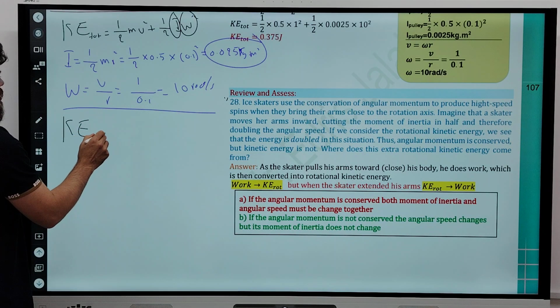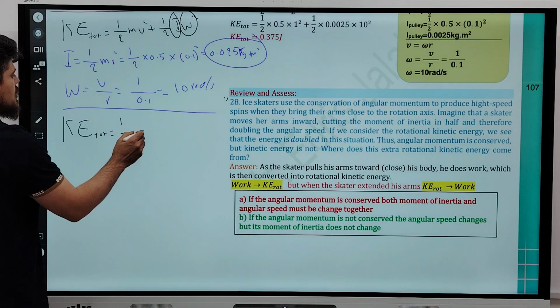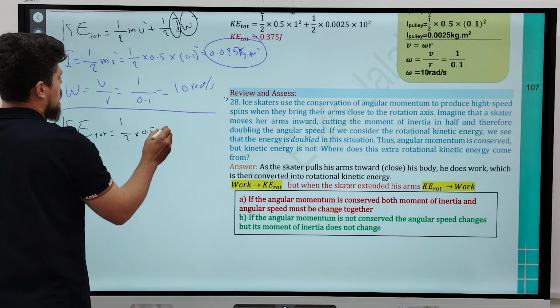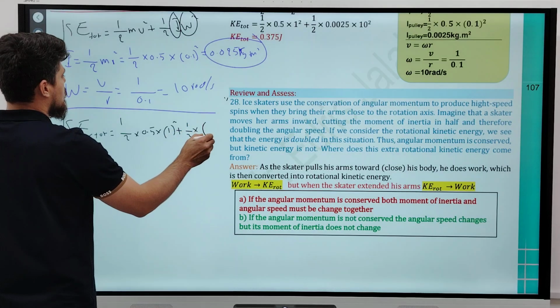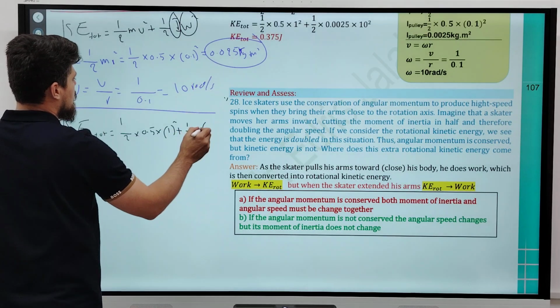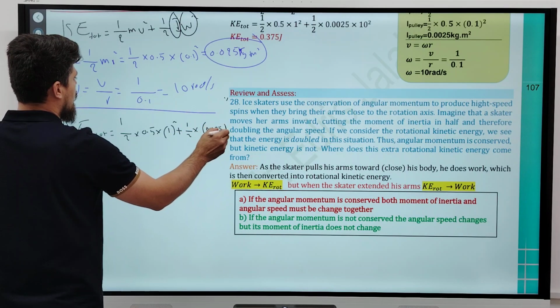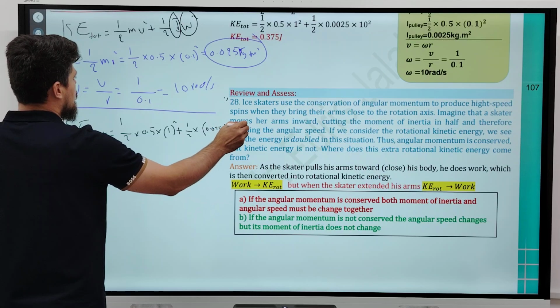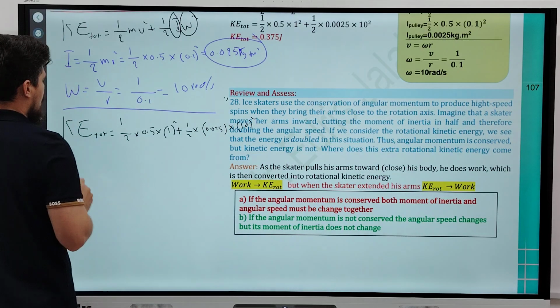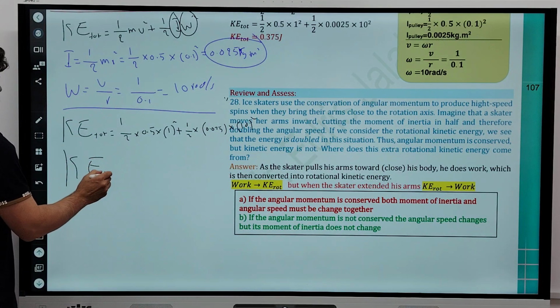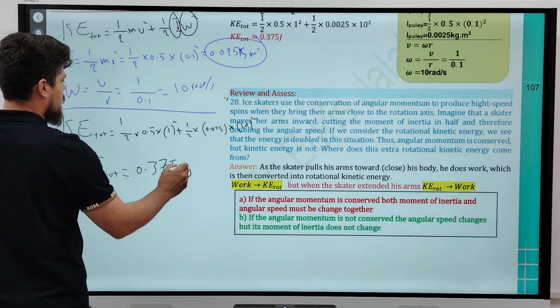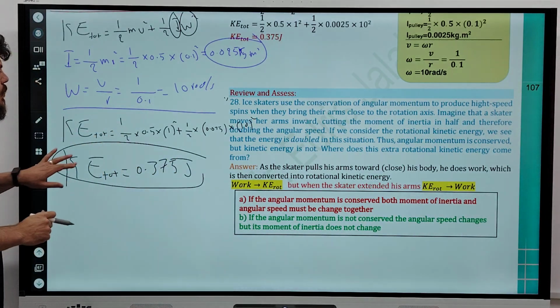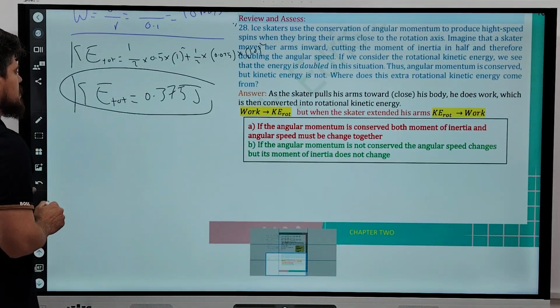Total kinetic energy is equal to 1 over 2 times 0.5 times 1 squared plus 1 over 2 times I, which we found, 0.025 times 10 squared. Total kinetic energy is equal to 0.375 joule. In this way, you can find the total kinetic energy.